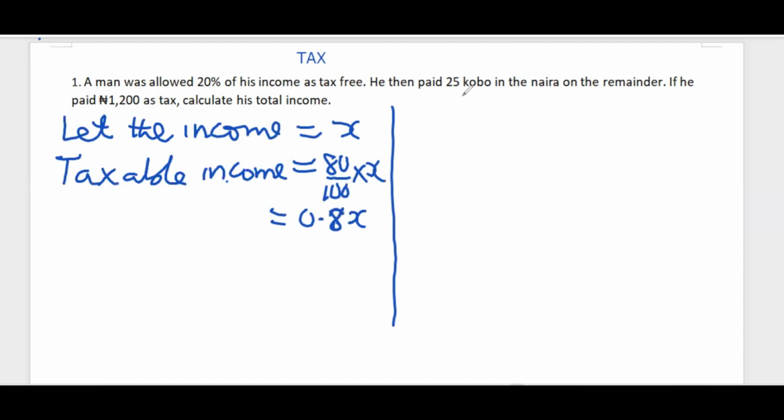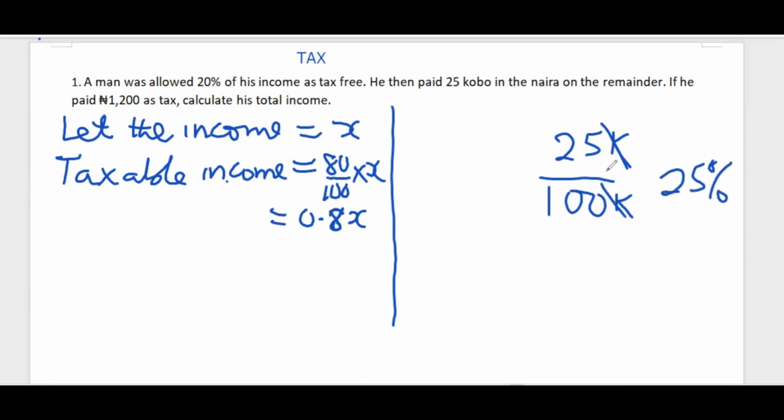And it's paying 25 kobo in the naira. 25 kobo in the naira is another way of saying percentage, because on every 1 naira it is to pay 25 kobo, and 1 naira means 100 kobo. So on every 100 kobo it is paying 25 kobo. That's 25 kobo in the naira. And 25 over 100 is the same thing as 25%.